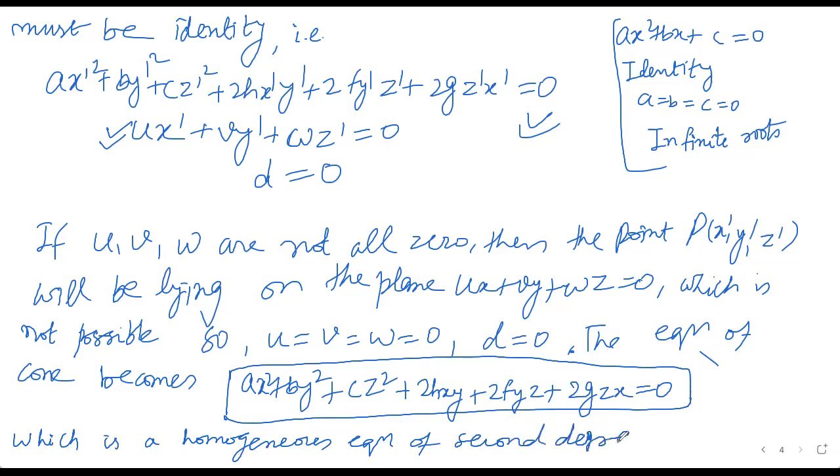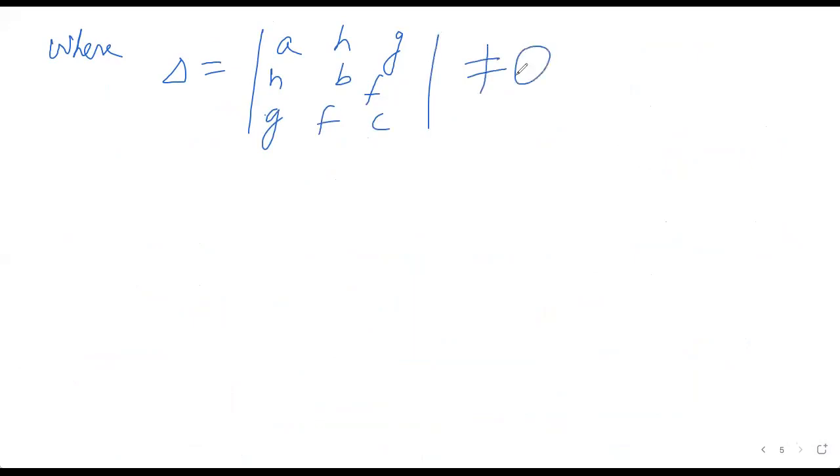Second degree. So any homogeneous equation of second degree will be representing a cone passing through the origin, provided there is a condition where the discriminant delta, the determinant of a h g, h b f and g f c, should be non-zero. Why does this happen? You have studied the discriminant in coordinate geometry 1. Why, tell me? Zaid, yes, Mustafa.